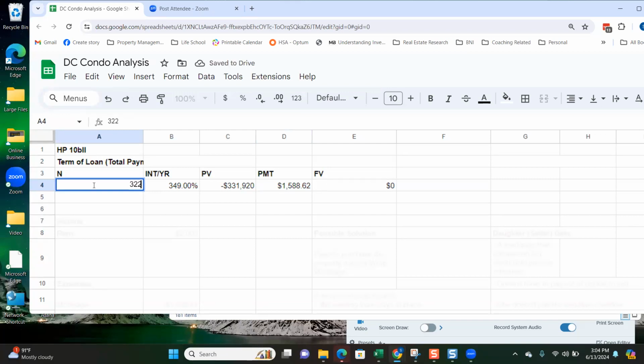Now my number here is 322.17. So with $100 additional made to this loan, your payments go from 360 to 322.17. All right. I hope you enjoyed that.